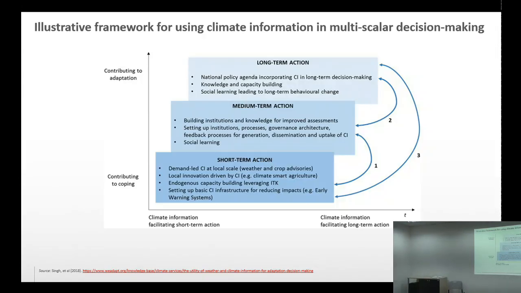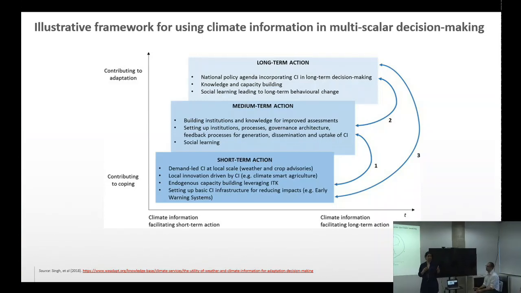So this is just another illustrative framework to think about using climate information in this multi-scalar decision-making platform. On the horizontal axis, you see climate information facilitating short-term action towards long-term action. And then on the vertical axis, it's from coping, so again, this resilience thought process, all the way up to adaptation.